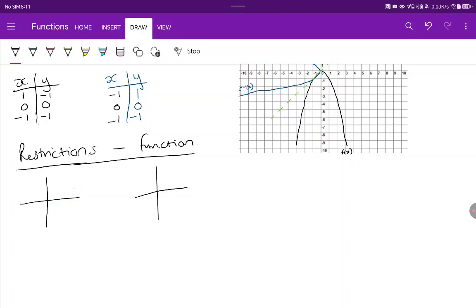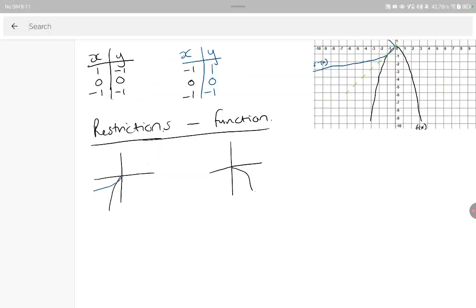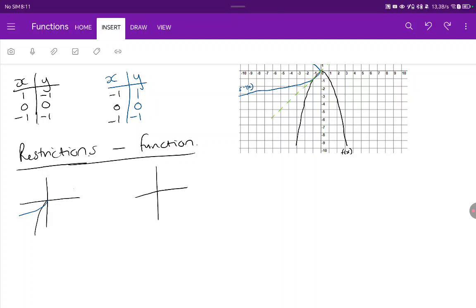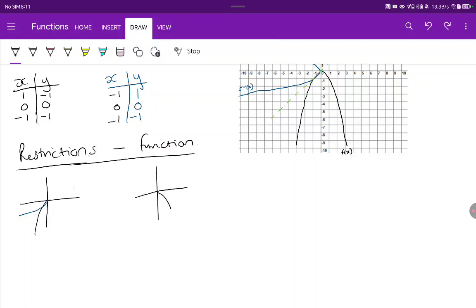So it's going to be like this. Or it's going to be on the right hand side. Like that and like that. Okay, that's what we're trying to do. So let's do our first one.